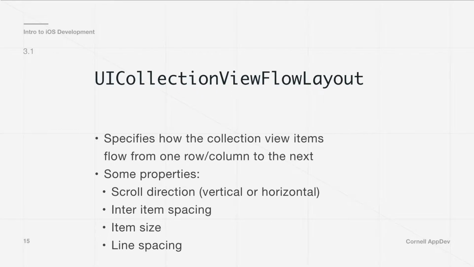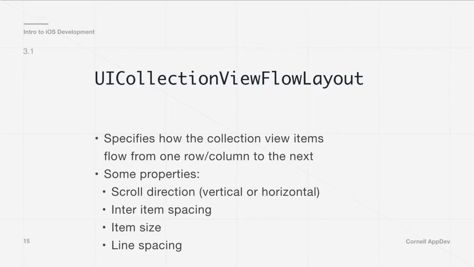Okay. Another thing you have to implement, because UI collection views have more flexibility, such as the scrolling direction, is something called a UI collection view flow layout, and then assign it to your collection view. What this does is specify how your collection view items flow from one row or column to the next.